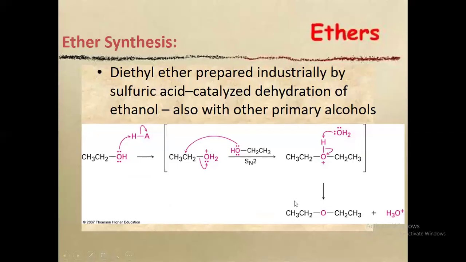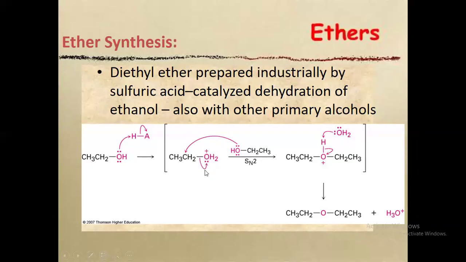This is synthesis of ether using an alkyl halide and an alcohol. So you first of all react the alcohol with the strong acid, you protonate it, then you have this elimination, and then the second molecule of the alcohol now reacts with the carbonium carbon here.